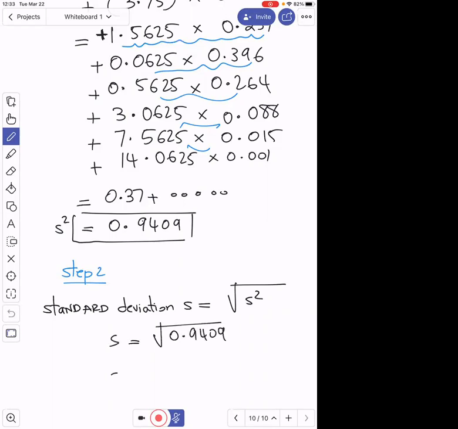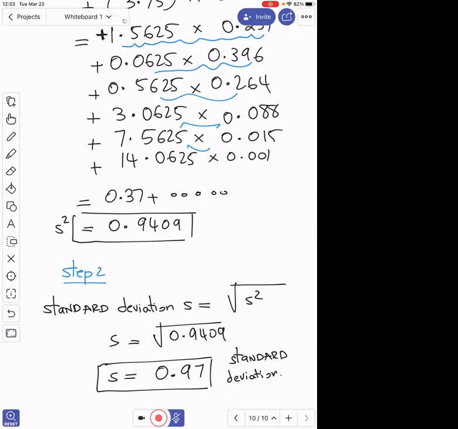And so then S is 0.97. Okay. So this is the standard deviation of our example.